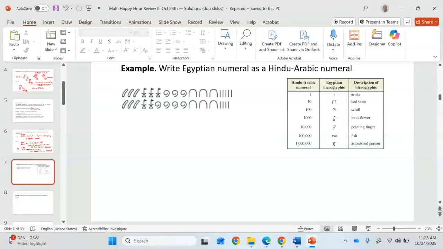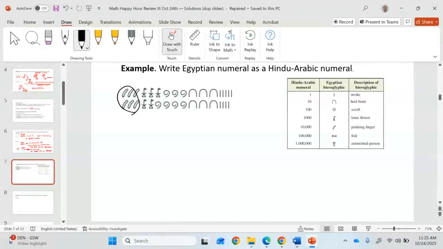So notice that I have 6 of the pointing fingers, which is 10,000. So I have 6 in total. Let me write it as a multiplication: 6, and each one is 10,000, so that makes 60,000. I also have 5 flowers.